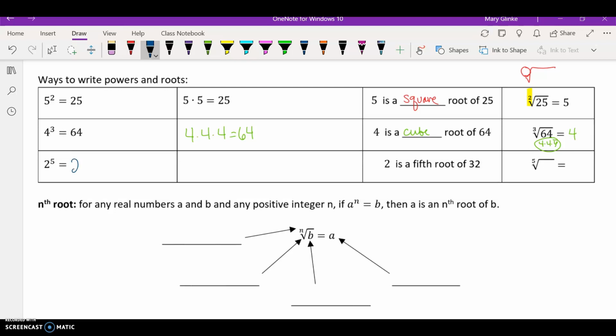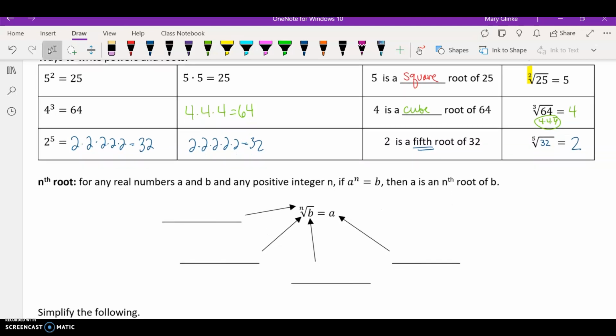So likewise then 2 to the fifth, 1, 2, 3, 4, 5. If I multiply all those out, I get 32. So therefore 2 is a fifth root of 32. So 32 goes under the root symbol with the 5 on the outside, and that equals 2.